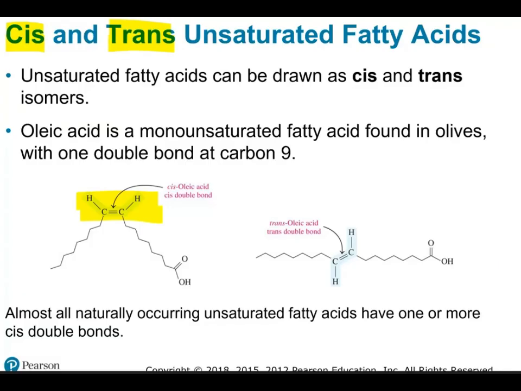So in this case, what you see on the left is the cis oleic acid. And you see that this molecule actually is kinked. On the right, it is trans oleic acid. So hydrogens are located on the opposite sides of the double bond. And this molecule is actually linear, straight.